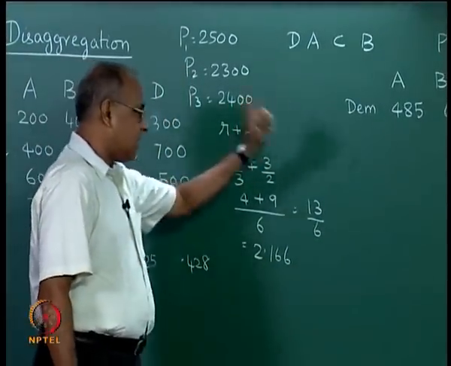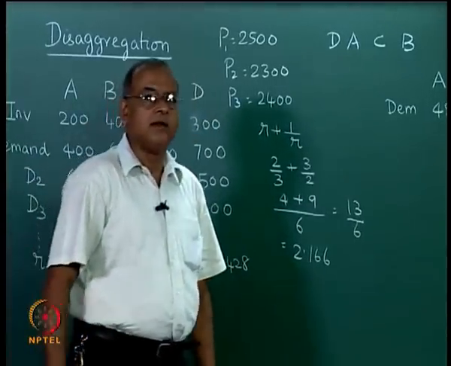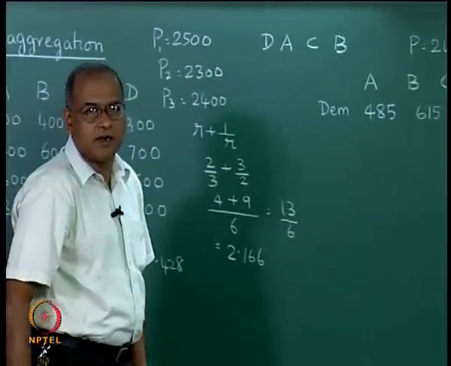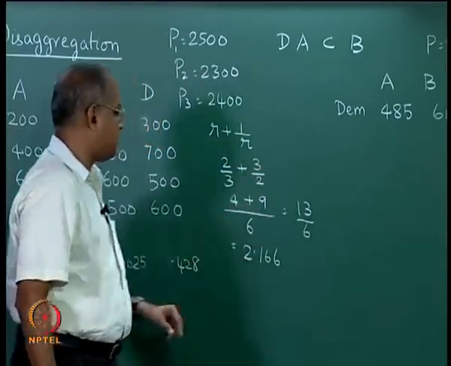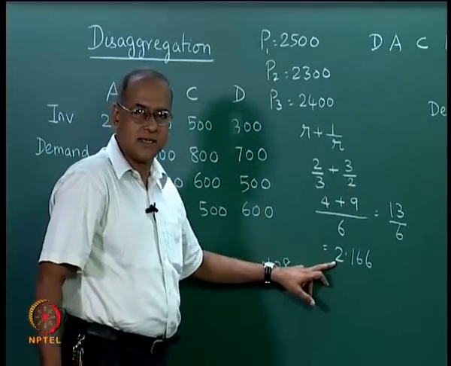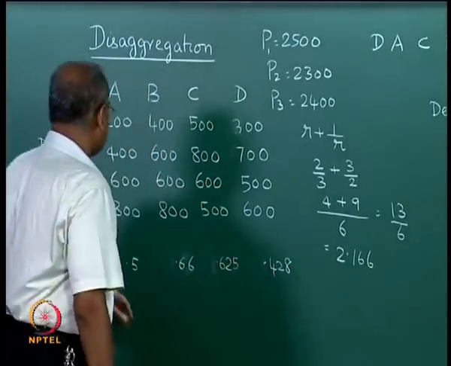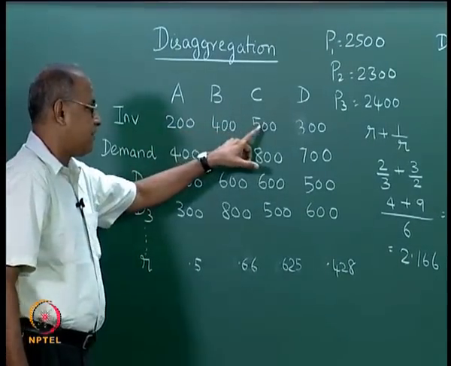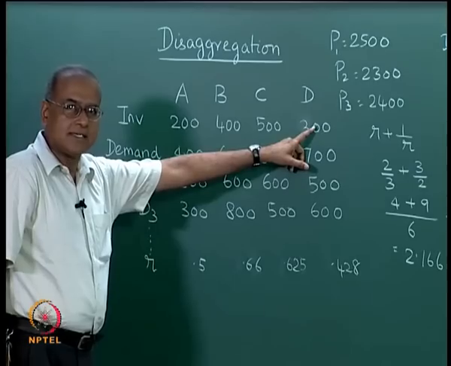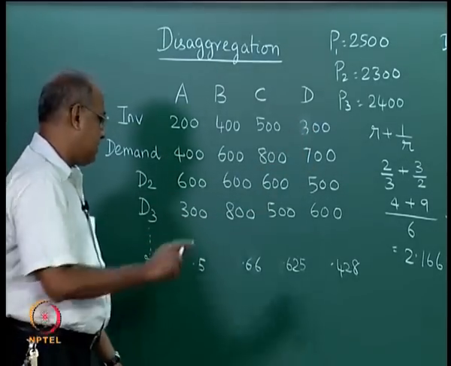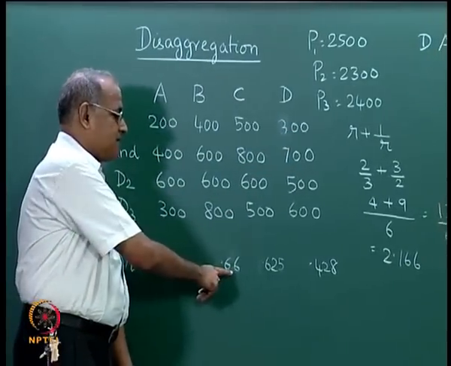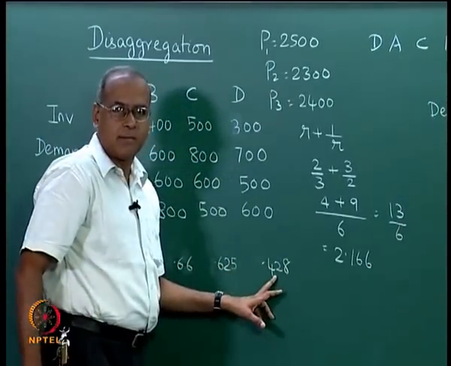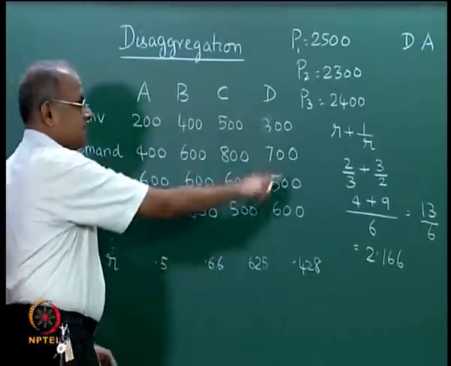The answer is we do not compute R again, because these demands represent the weighted or average demand over a period of 2.16 months, whereas the inventory that is available, which is 200, 400, 500 and 300, is capable of meeting the demands of 0.5, 0.66, 0.625 and 0.428 months with respect to this data.